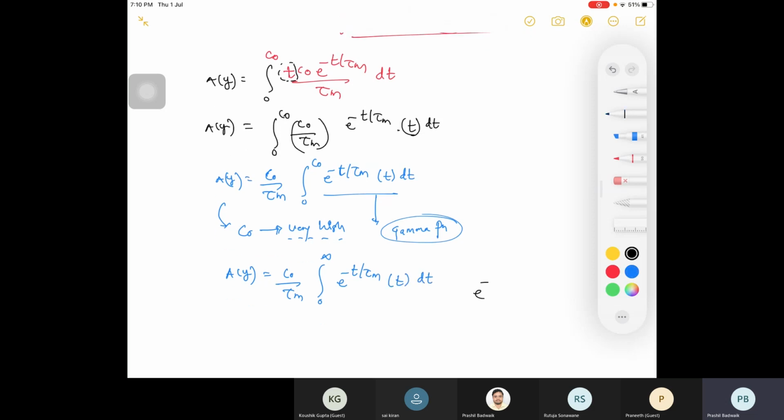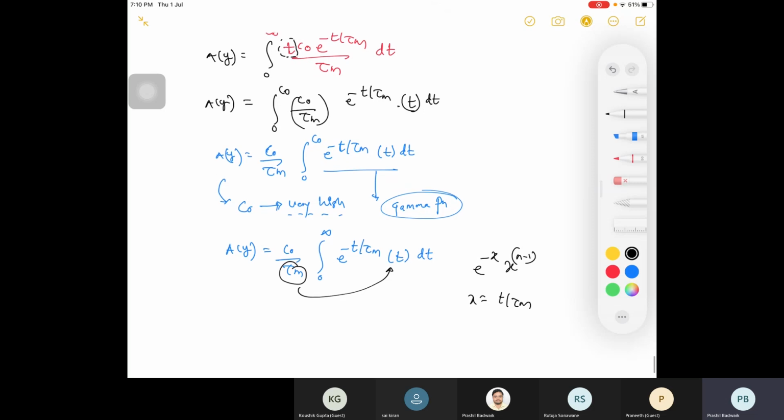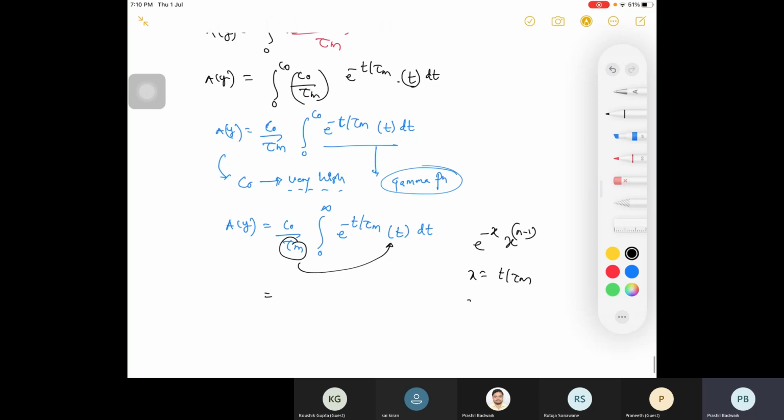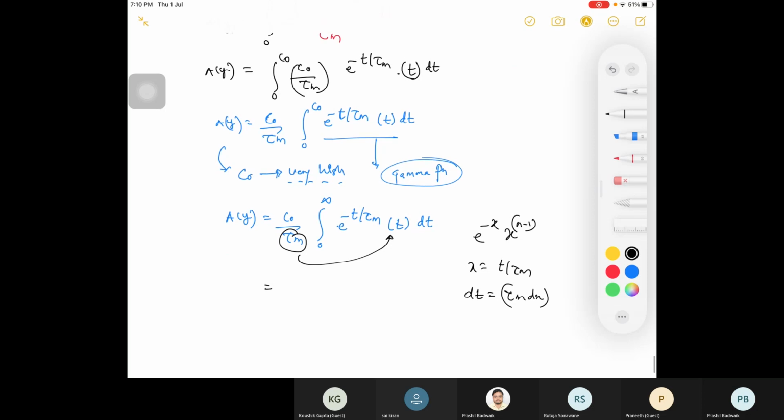We want e power minus x, x to the power n minus 1. So your x will be t by tau m. What is your dt then? Tau m into dx. So dt divided by tau m will be your dx value.